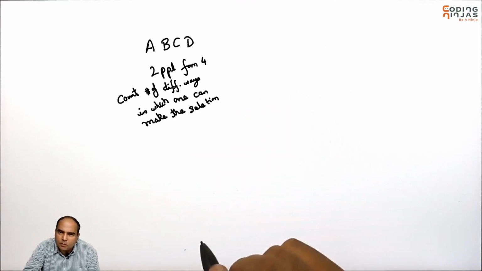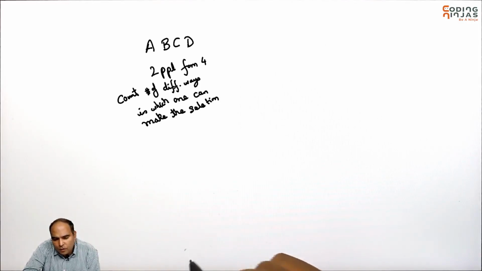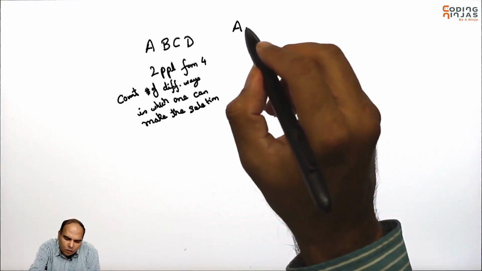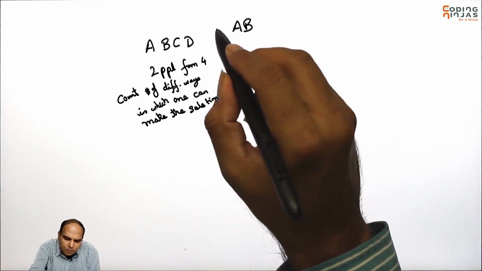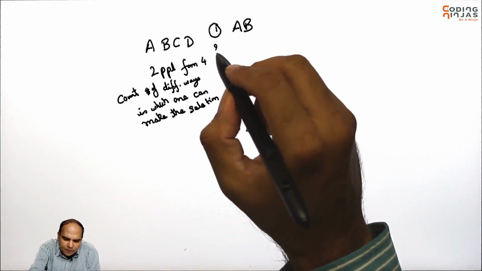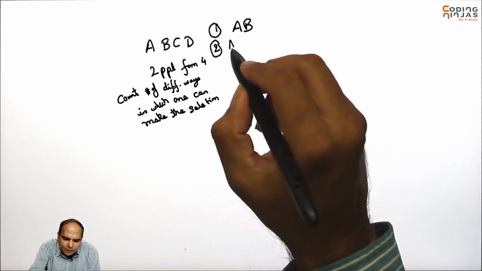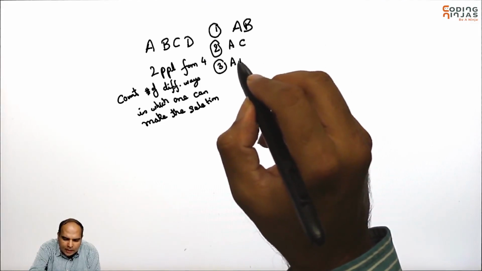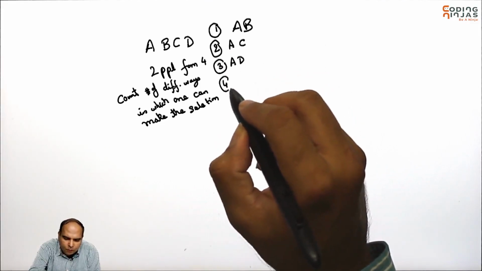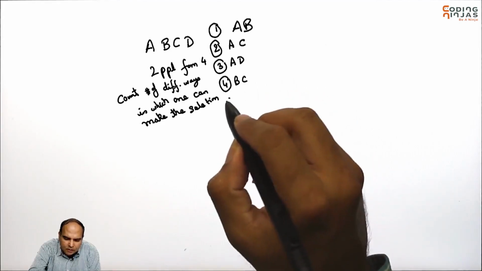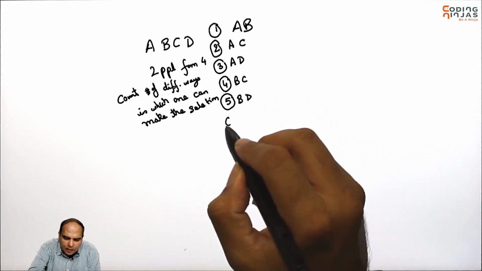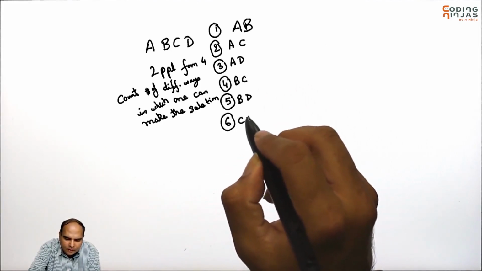Since this is a small question, we can actually do the count physically. If I count my selections of two people from four, my first selection is AB, my second is AC, my third is AD, my fourth is BC, the fifth is BD, and the sixth is CD.